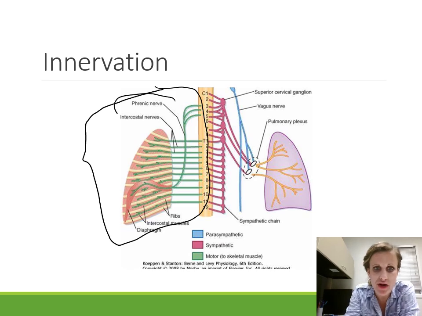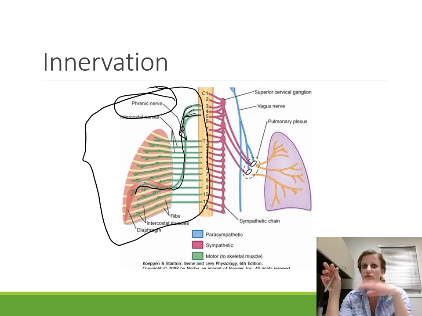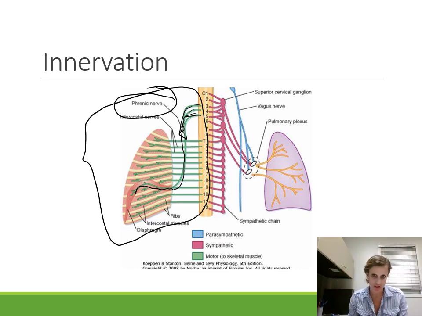But remember the phrenic nerves on either side innervate the diaphragm. So the phrenic nerves you see here, coming from the cervical region, coming down and innervating the diaphragm. The left phrenic nerve innervates the left half of the diaphragm, and the right phrenic nerve innervates the right half of the diaphragm.